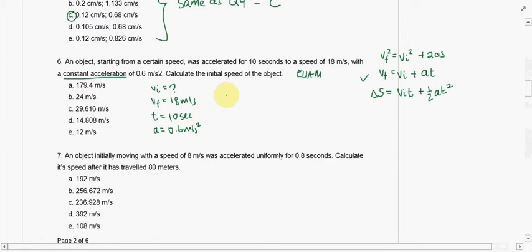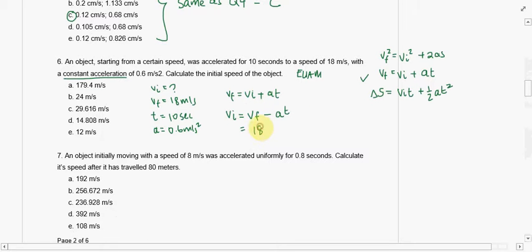So if I just rearrange that, Vf is equal to Vi plus At, and I'm trying to solve for Vi. So Vi is equal to Vf minus At. Then I can just plug in the values that I have.